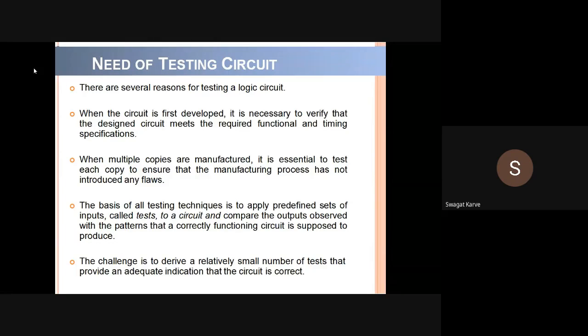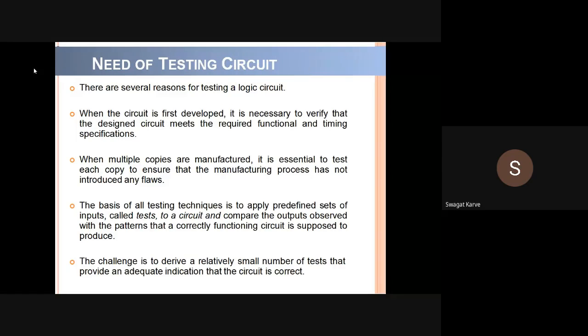Then the second purpose is when you have to produce the multiple copies, right, or when you have to manufacture the multiple copies of that particular chip or IC, it is essential to test each copy to ensure that manufacturing process has not introduced any flaws. बरोबर आहे. आता ओके, तुम्ही एक डिझाईन बनवलं बरोबर आहे.